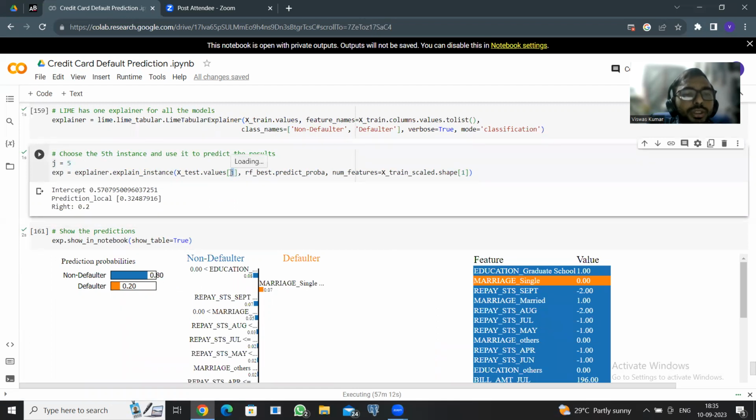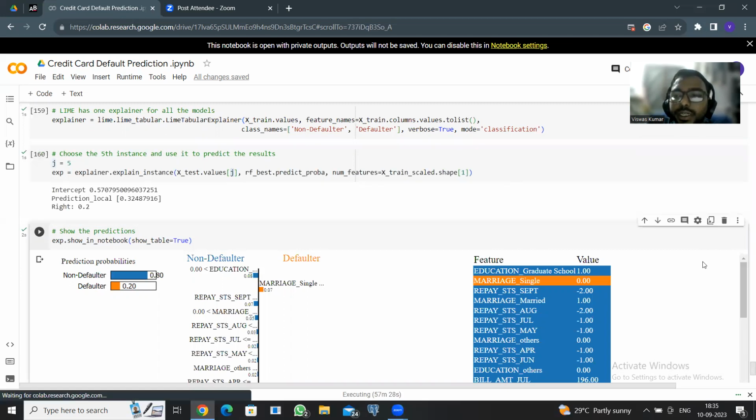It will take the fifth row of the X test data frame, predict the outcome using those features, and give a complete detailed report on how each parameter is contributing to the final result.